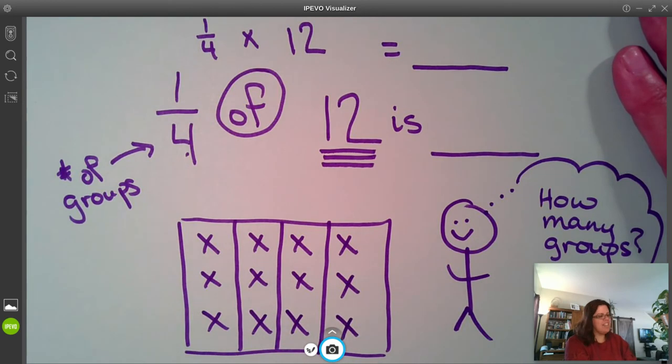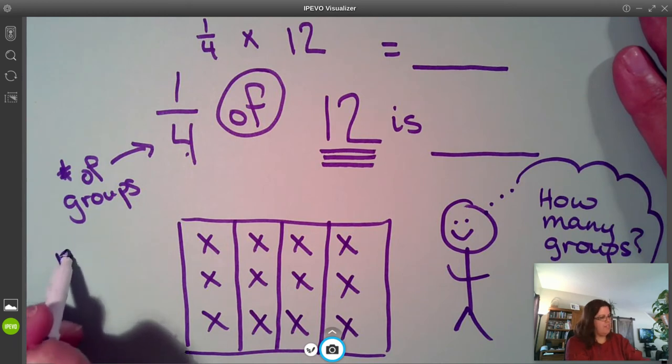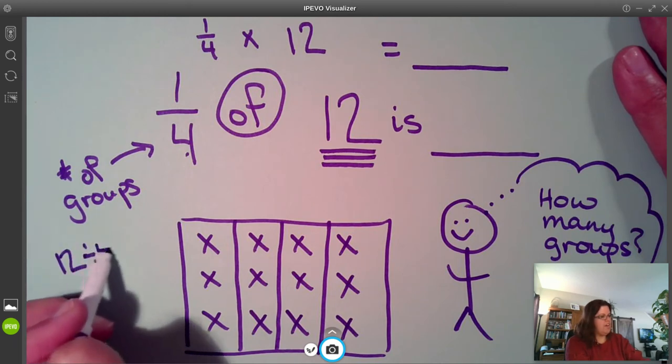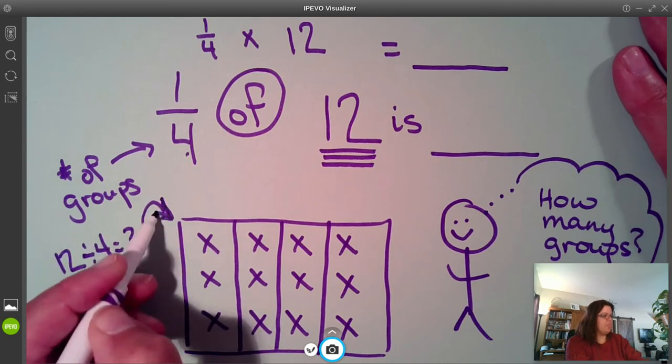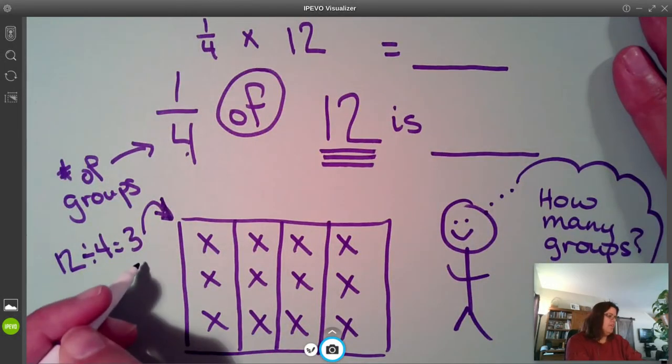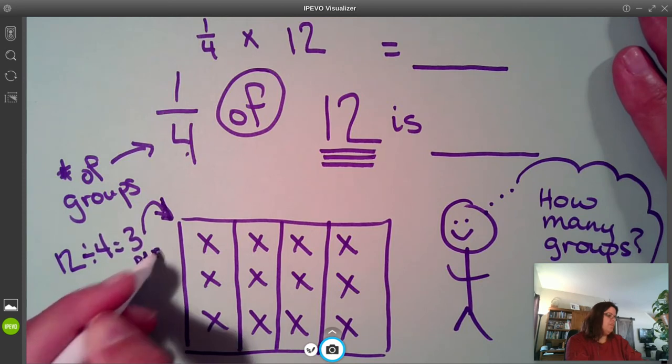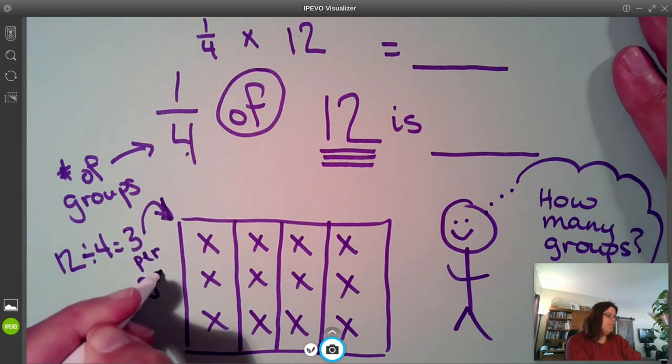Or I can actually think 12 divided by 4 means 3 things go in each group. Okay? So this will give us what goes in each group.